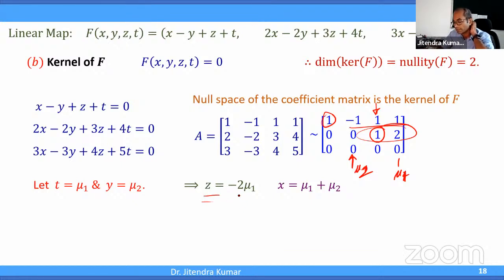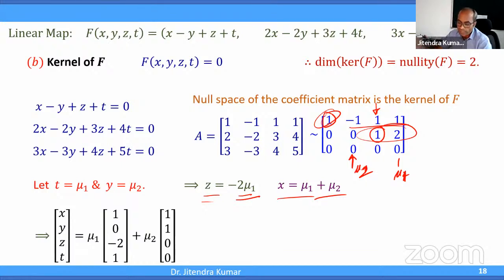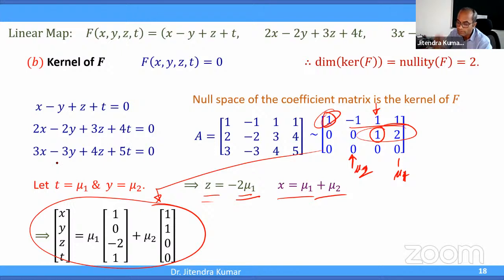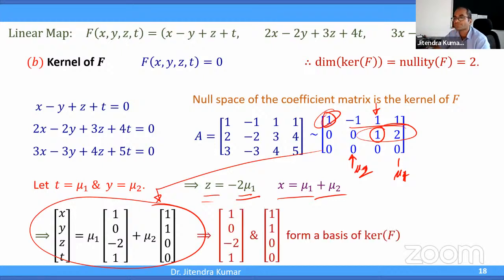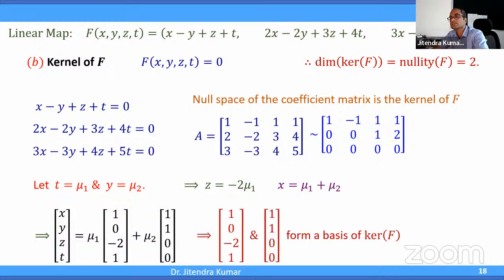So z can be taken as this, and then x can be written as mu1 plus mu2. We have the solution of this system, which gives us the kernel, with nullity of f equal to 2, and the basis of the kernel can be taken as these two vectors, (1, 0, -2) and (1, 1, 0).